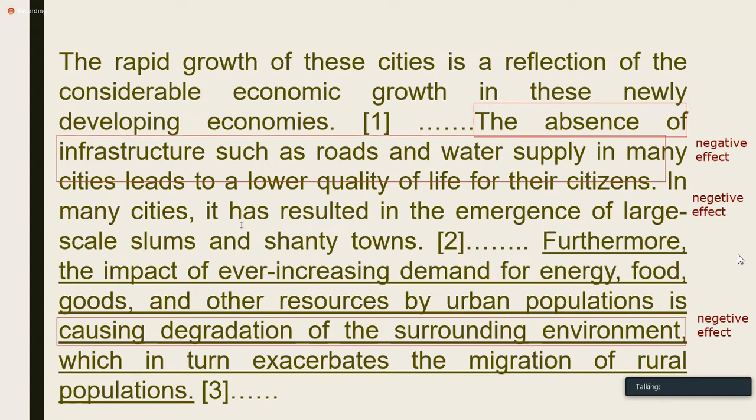Is it something good about urbanization or is it something bad about urbanization?